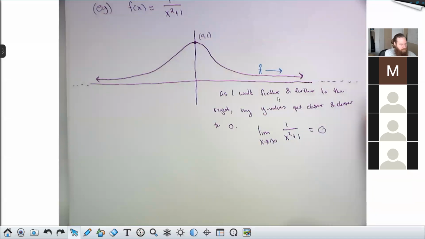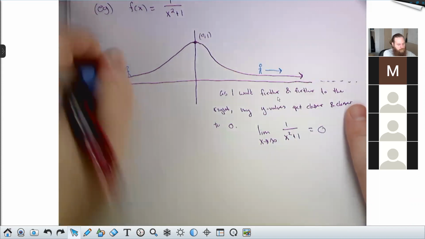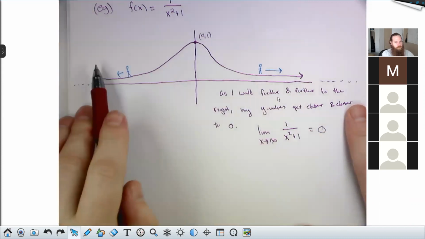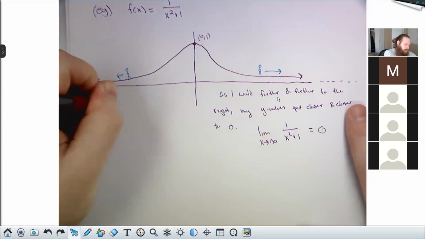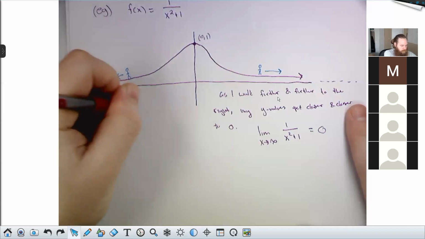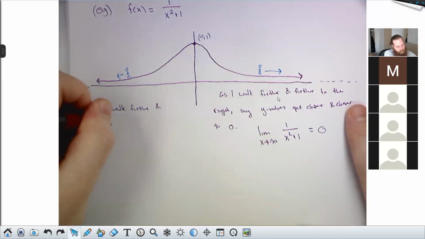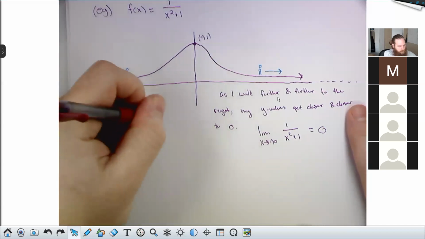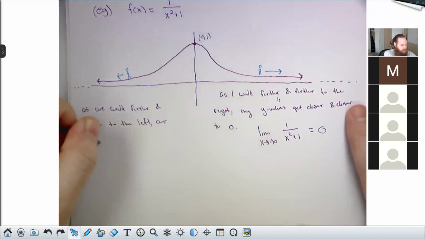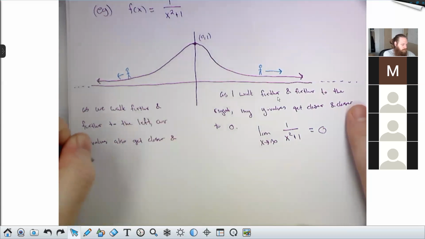And similarly, if I had someone who really hated me, and as I was walking as far as I can to the right, they were walking as far as they can to the left, our y values here are also getting closer and closer to 0.